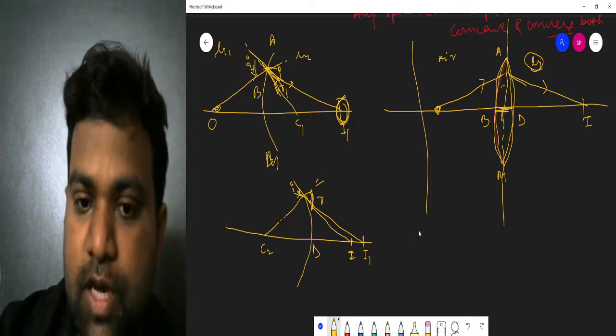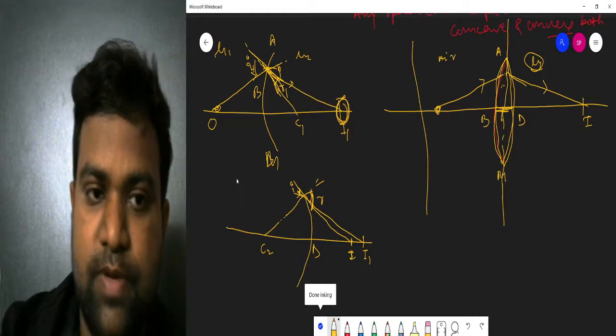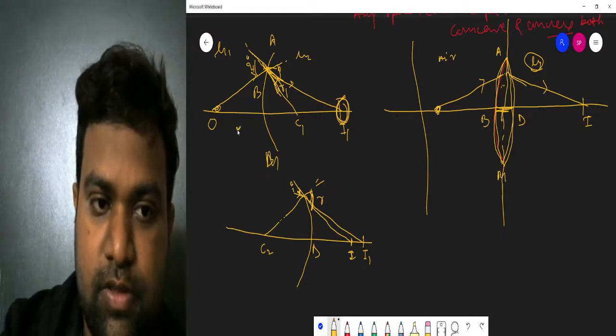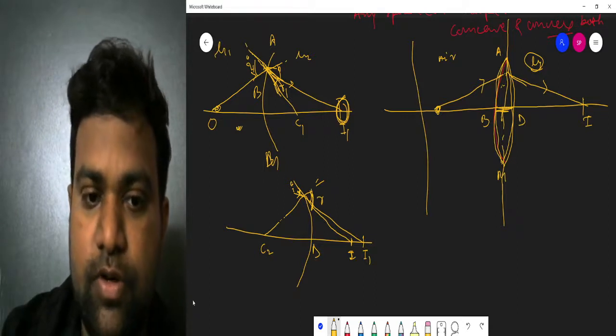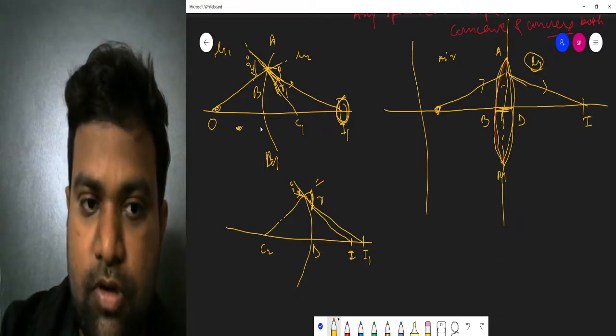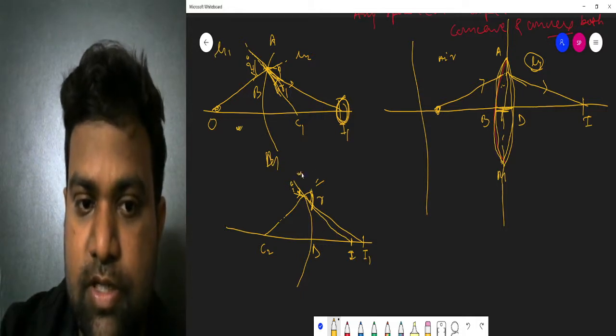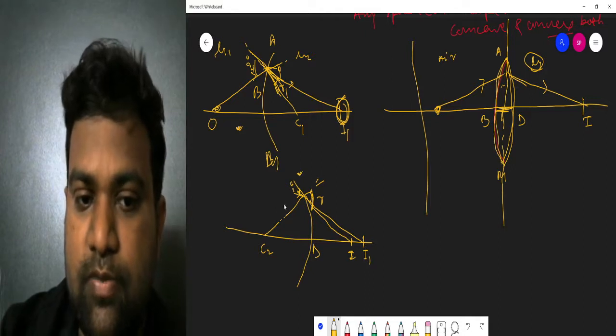Now we will use our formula. The formula we just derived for a spherical surface we will use here, as I have told you that the result is applicable not only for convex shapes but also other shapes. For this case also the same formula will be used.